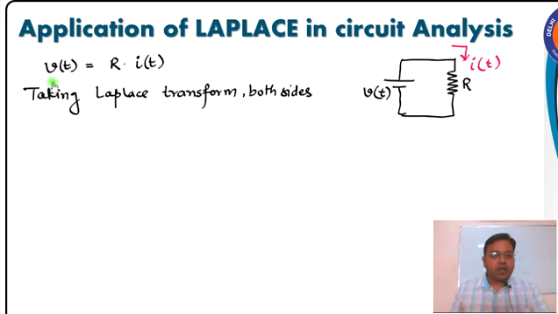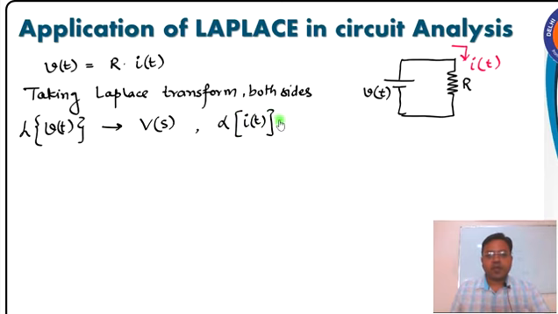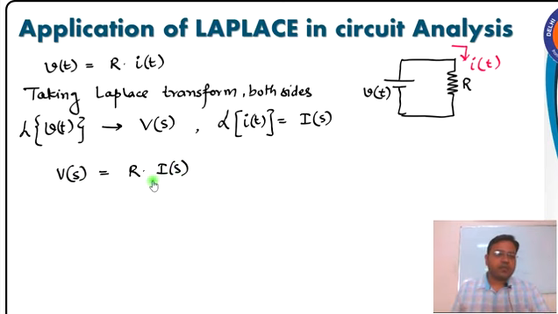Let me express the Laplace transform of v of t as V of s, using a capital letter V, and similarly the Laplace transform of i of t as capital I of s. Now taking the Laplace transform, I get V of s equal to R times I of s.